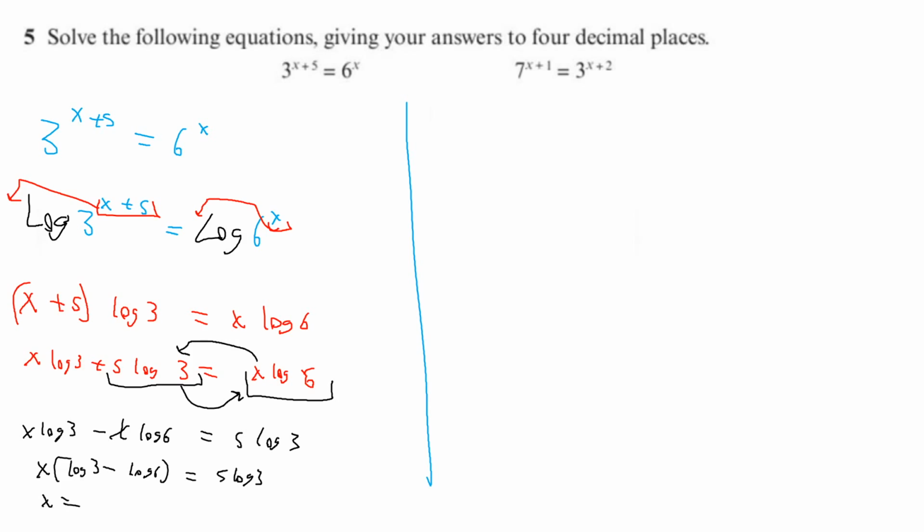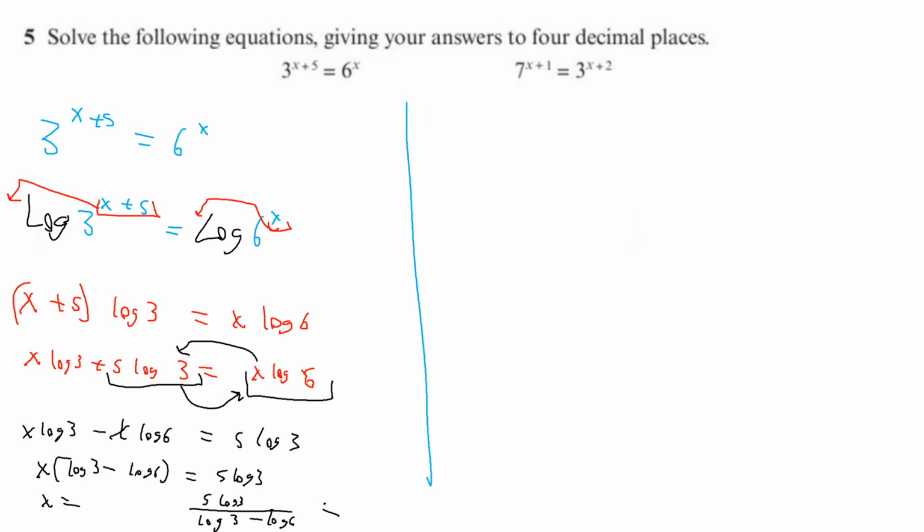And so therefore x is going to be 5 log 3 over log 3. I'm going to write it again. Is equal to 5 log 3 over log 3 minus log 6.